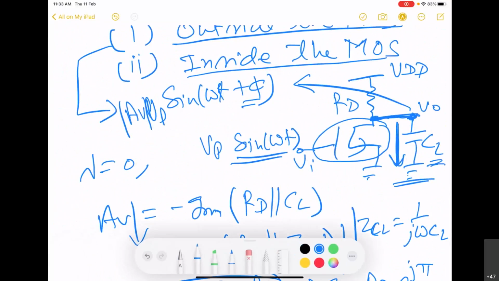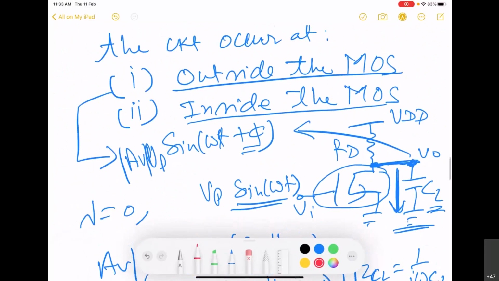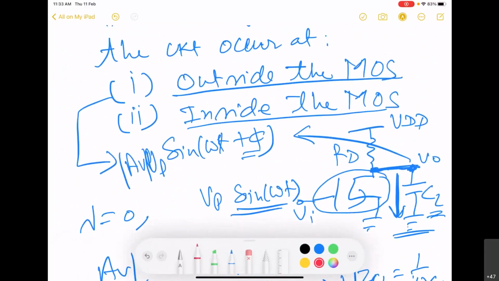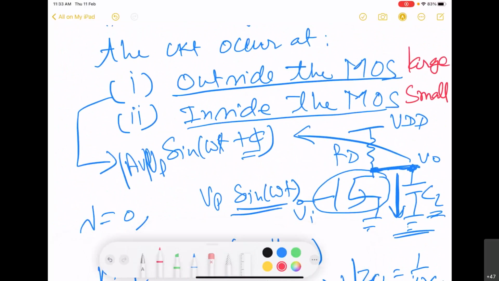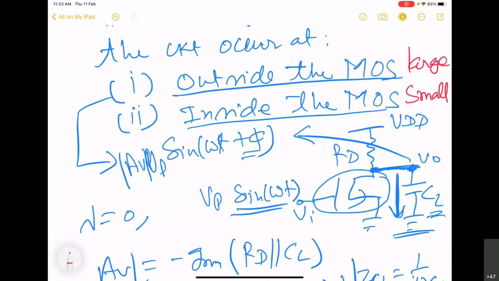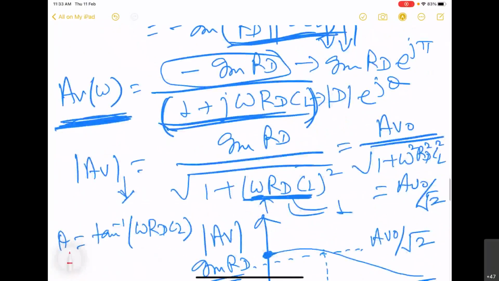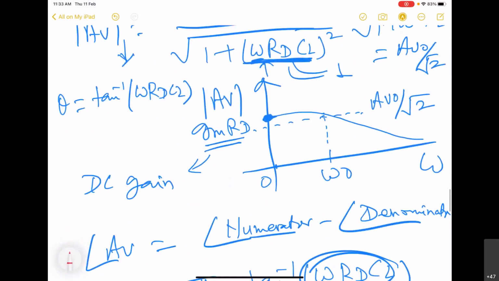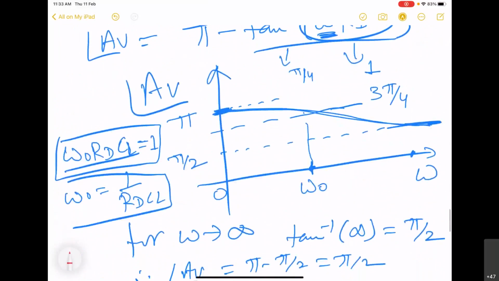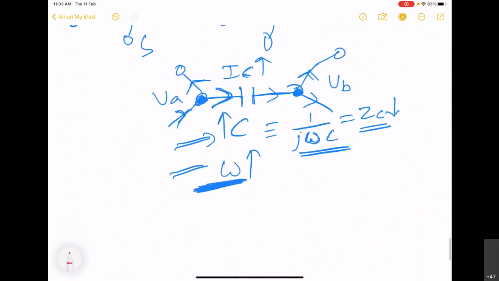So even for small frequency, they will have a strong effect on the frequency response. So these capacitors are large and these are small. Okay, so this is basic things related with the frequency response.